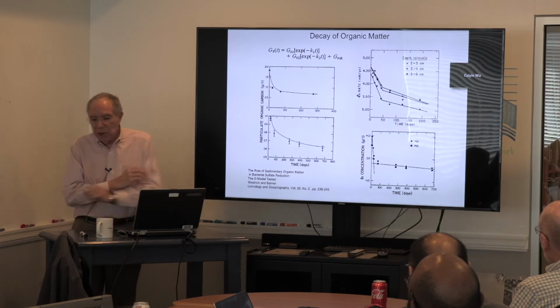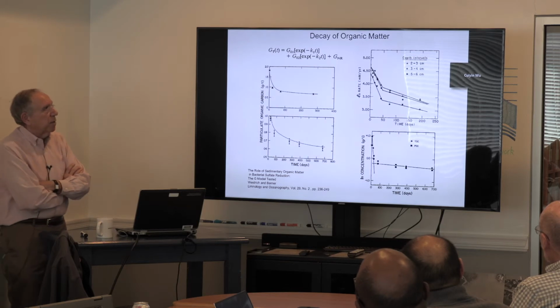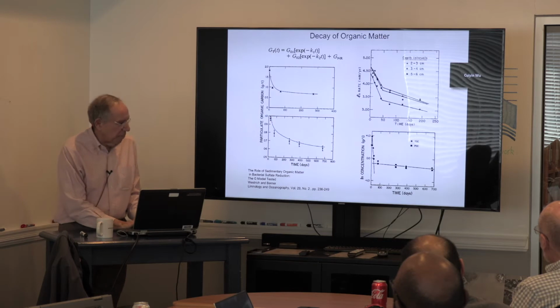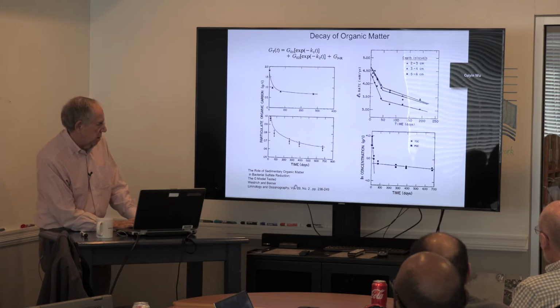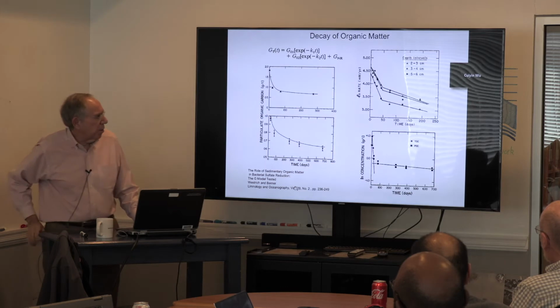Okay, so the first thing you need to specify is the kinetics of the decay of organic matter. This has been studied for a long time, and the name that you should know is Robert Berner, who was a famous geochemist at Yale. This model is, what's the date on this? It's the mid-80s, I think. No, earlier.